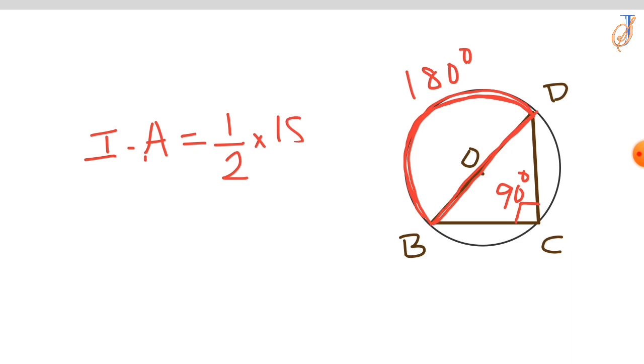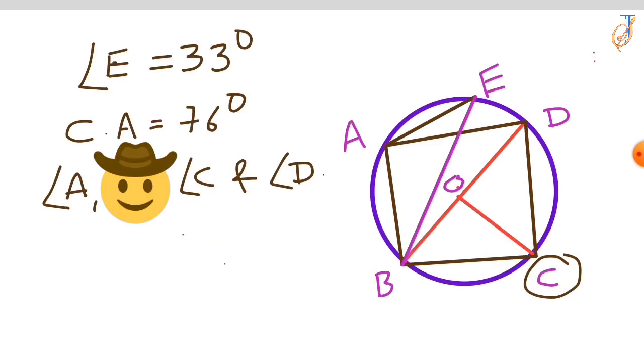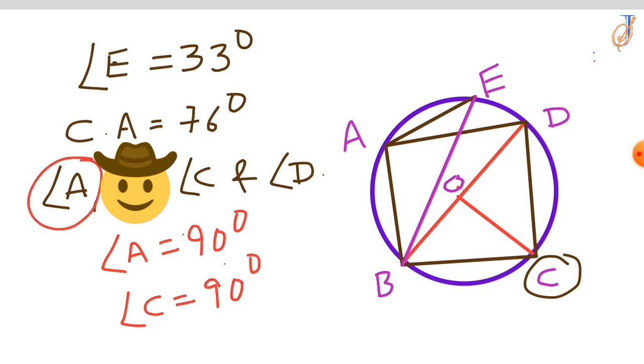So the inscribed angle is 90 degrees. Similarly, observe the A. This is the diameter and this is the inscribed angle. So angle A, the inscribed angle in a semicircle, is also a right angle. Angle A is also 90 degrees. So we found angle A and angle C, which are 90 degrees. We are done with A and C.